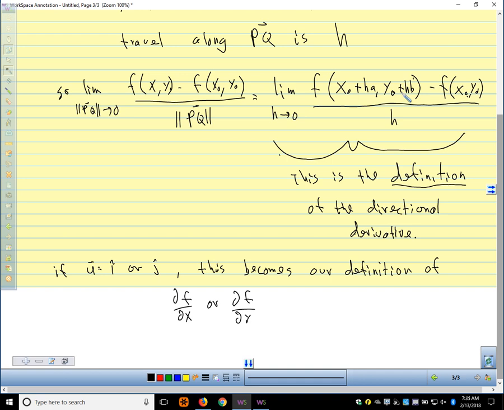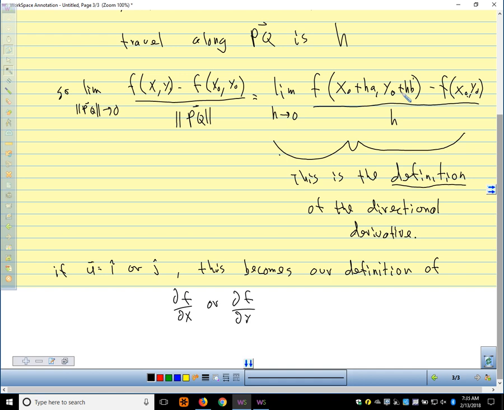So we parameterized our unit vector in terms of the arc length. Our arc length is h, so there's our parameterization in terms of our arc length. Nice definition. We still want to be able to calculate. Well, what we're interested in is the partial derivative of f with respect to h.